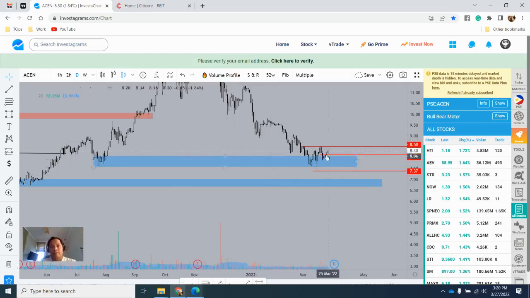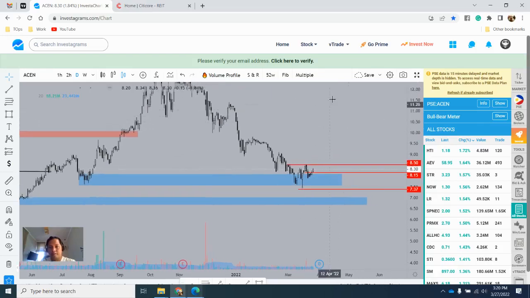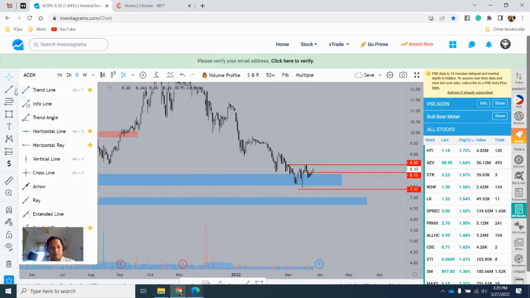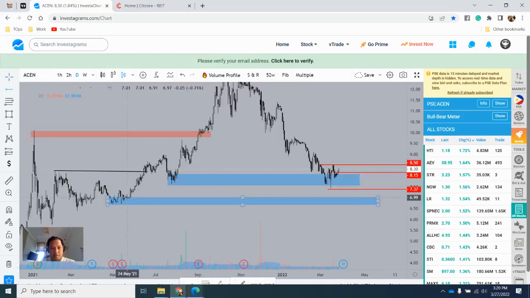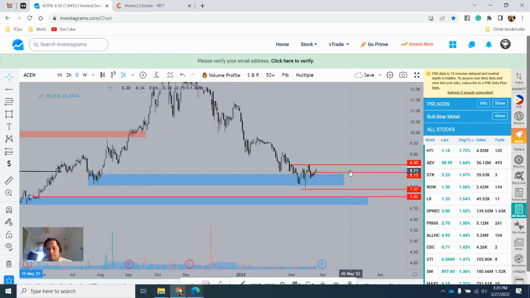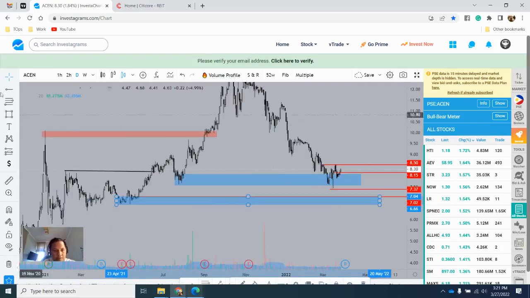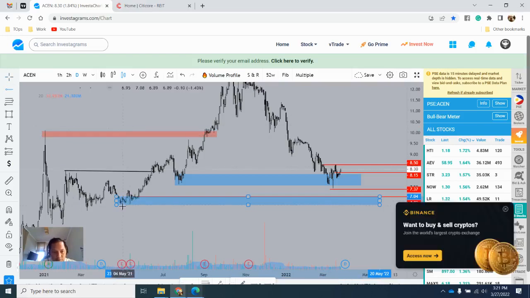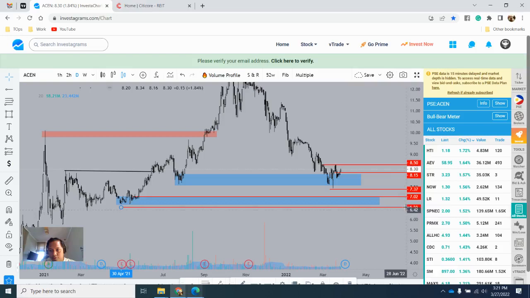So if it fails to bounce here and make a materialized long position move, then it can happen that it's hunting for just this 7.0 level. The 7.0 level would be your next buy opportunity, buy zone. But of course you put your stop loss just below that zone, which is 6.5.